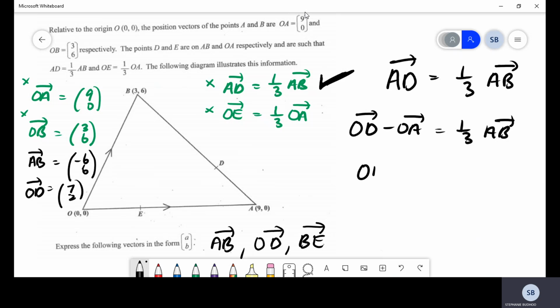Now you can make OD the subject by simply carrying across to your right-hand side that vector OA. And because in the question we have values for the vectors AB and AO, it's just a simple matter of substituting those relevant values and adding them together. So this is a second way you could have found the vector OD non-diagrammatically.